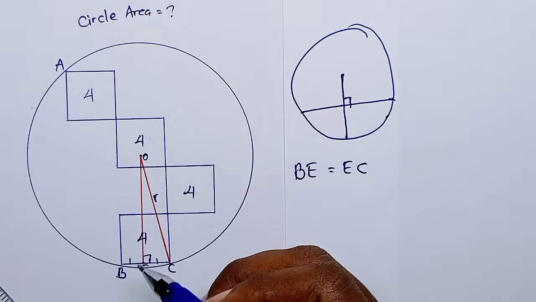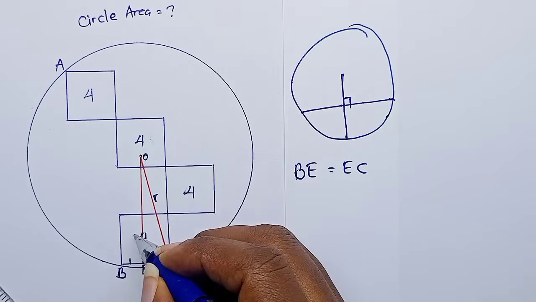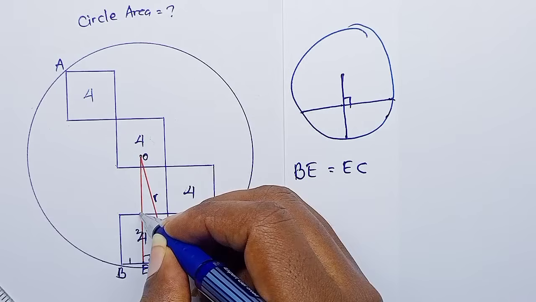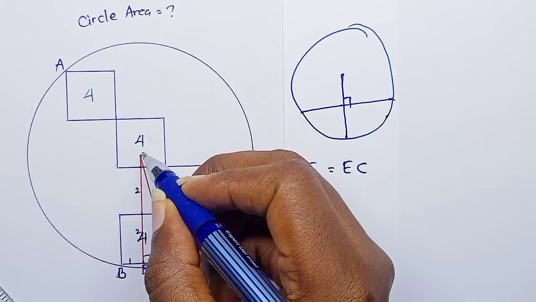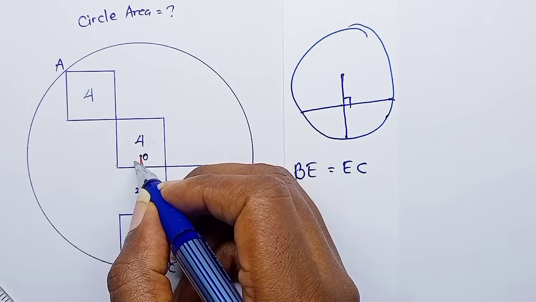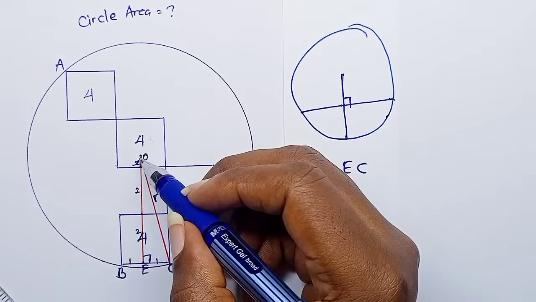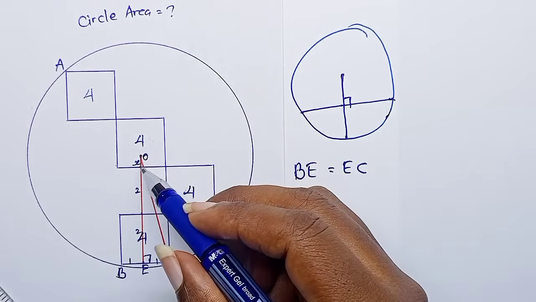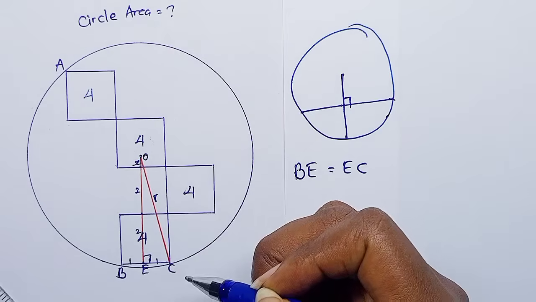Since each side of the square is 2 units, from here to here is 2, and also from here to here is 2. But from this point up to the center of the circle, we don't know, so let's call it X. Only this part from here to here is X, while the other two parts are 2 each.